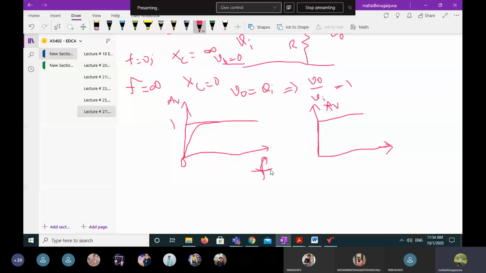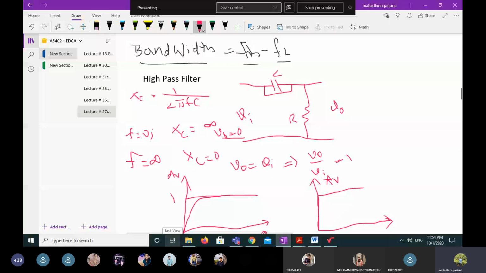So the filter which allows the high frequencies and blocks the low frequencies is called a high pass filter. Is it clear?